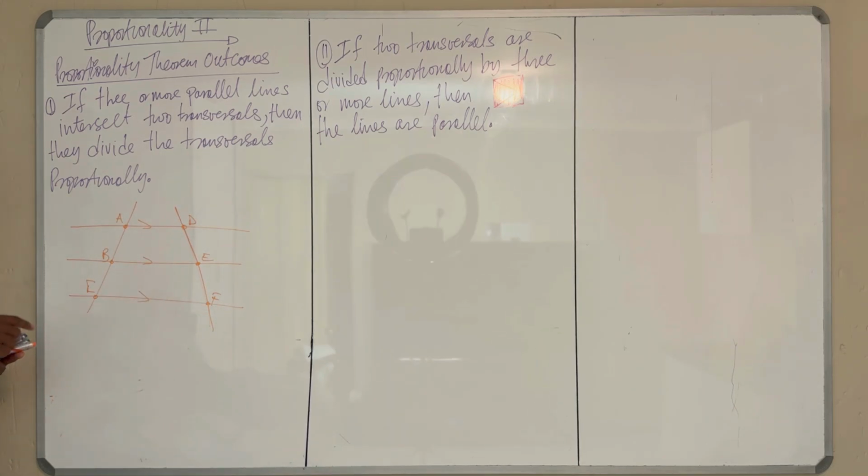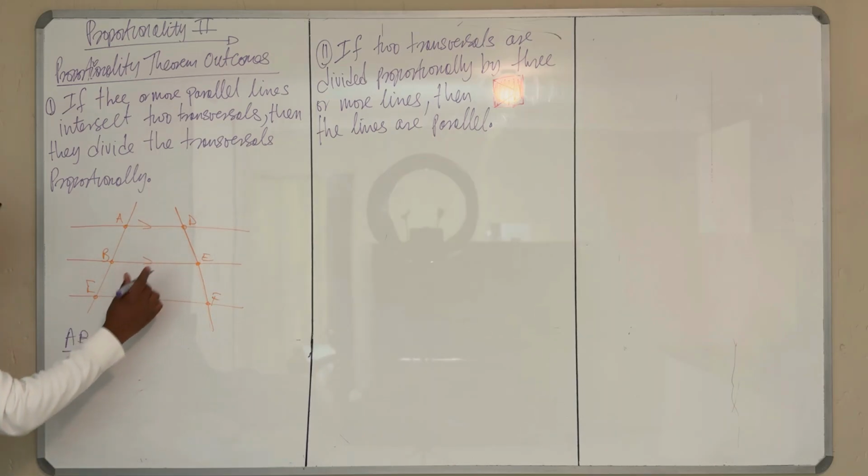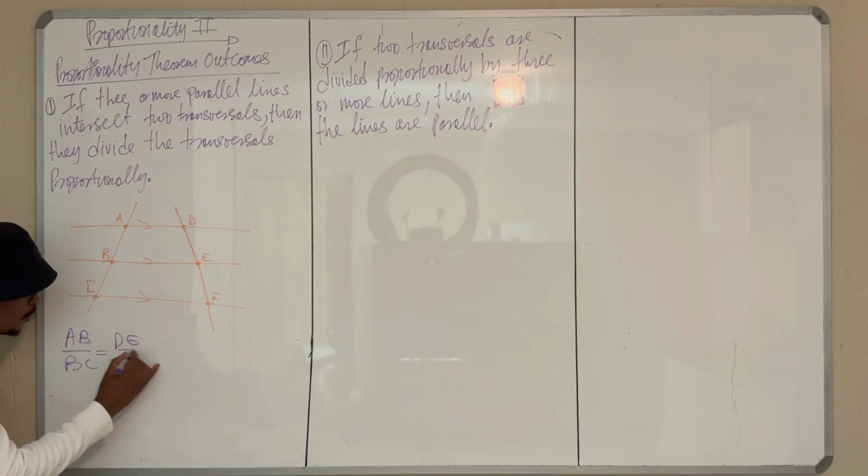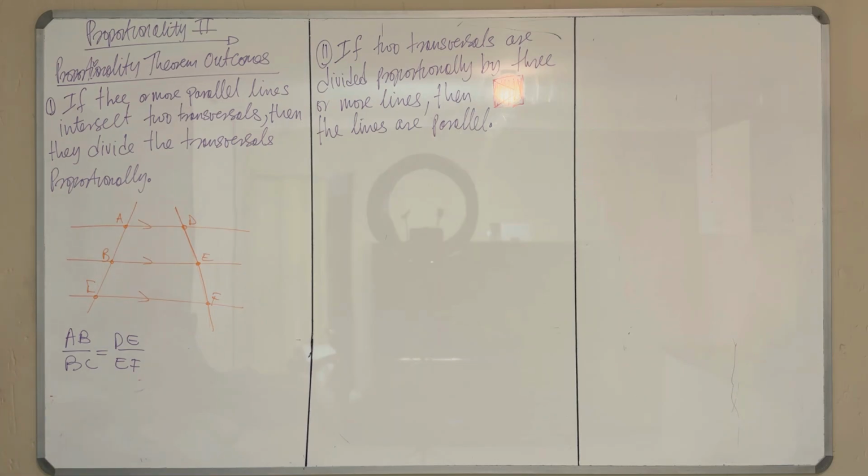What does that mean? In a similar way as it does on a triangle, your AB over your BC should equal your DE over your EF. It holds in the same way as it does in a triangle. So you can say your AB over your AC equals DE over DF.